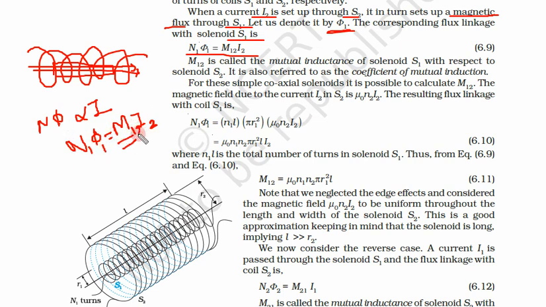That constant is M12. M12 is called the mutual inductance of solenoid S1 with respect to solenoid S2. It is also referred to as the coefficient of mutual inductance. So this equation we have got.